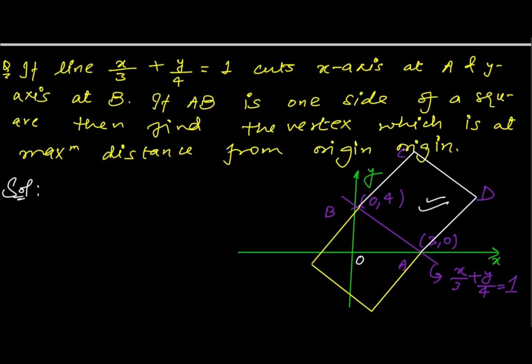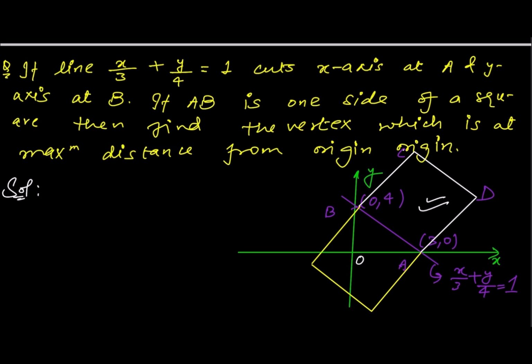We need x1, y1, which is given, A or B, and distance, and we know distance as well because we know length of AB, and in a square all sides are equal. So if we know AB, then we know AD or BC.